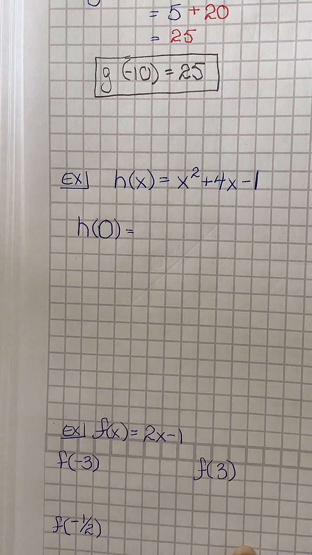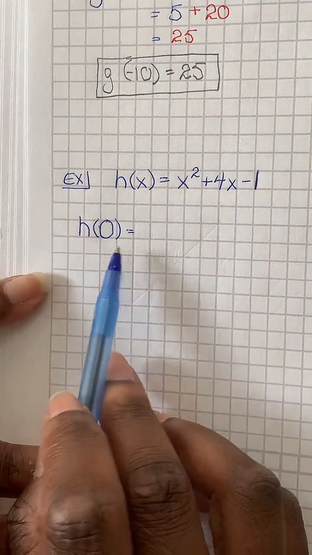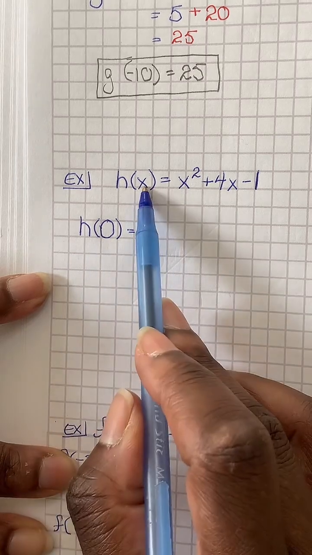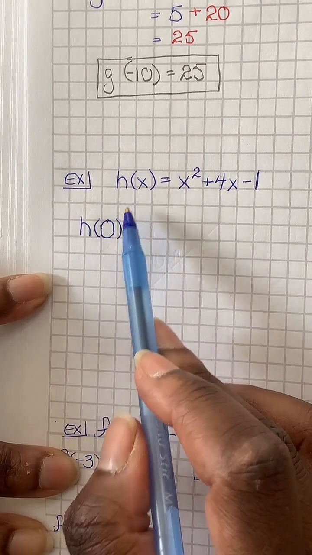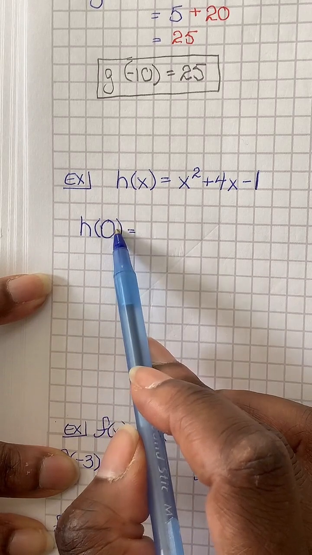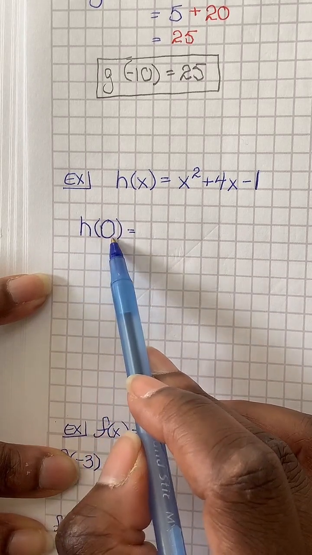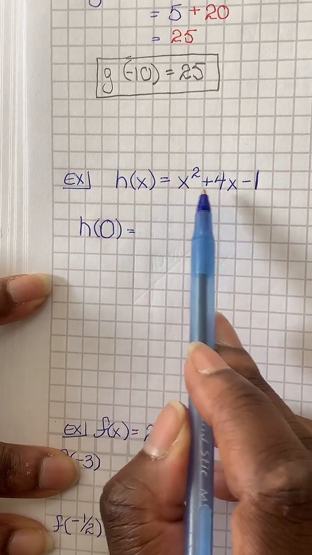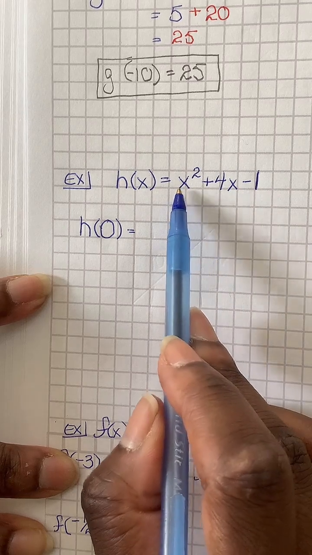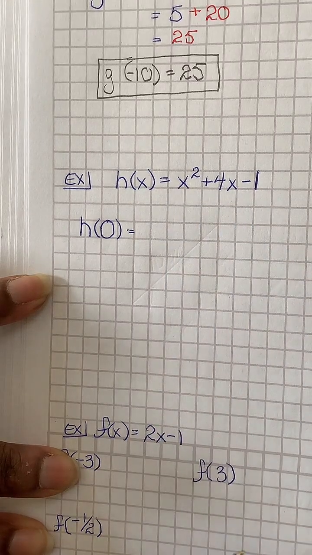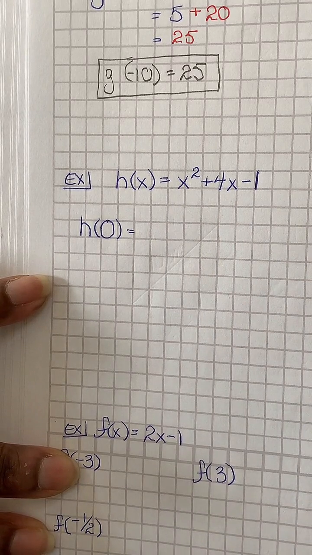Leanne, I don't know how to solve this. Okay, so if you plug in, notice the X and the 0 are in the same spot. So if I'm trying to find the H of 0, plug in 0 where the X's are and tell me what you get, Leanne. Okay, so we got Joshua, yeah.